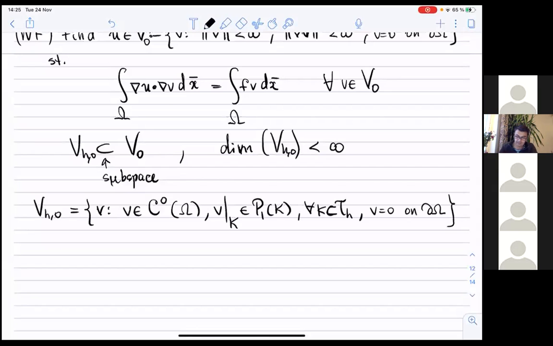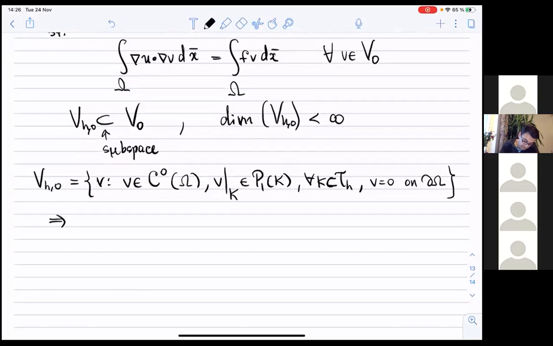So this is the finite element space. It's finite element because the elements, in this case, are finite. When we triangulate, we divide the domain into a finite number of elements. And inside each triangle, we have a linear function. In 2D, we just need 3 basis functions to define a linear function inside this element K. So in total, the dimension of this space is n plus 1. Remember that we put n points.